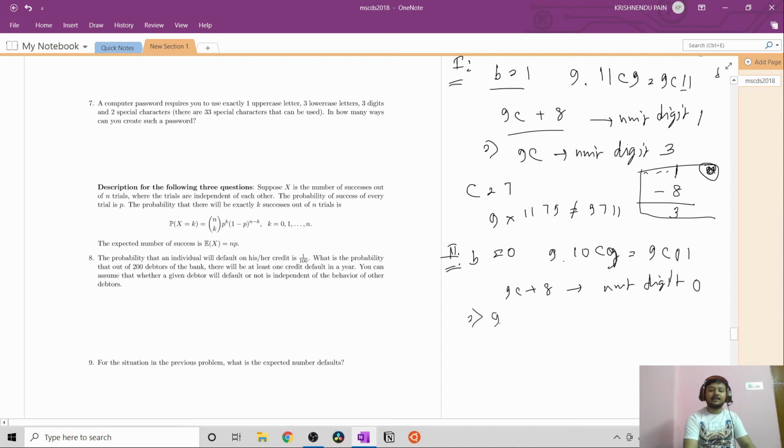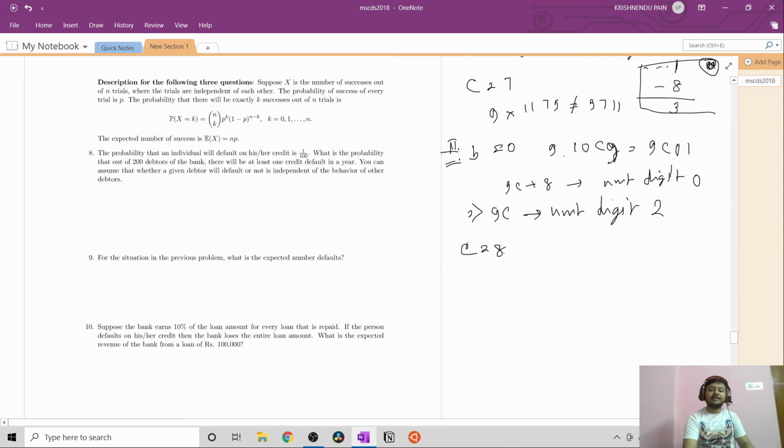So this implies 9C has unit digit 2, because with the same logic, if a number is ending with 0, if you subtract 8 from this, there will be a 2 and there will be some x on the other side. So 9C has unit digit 2, so this implies C is equal to 8. If C is equal to 8, then 9 into 1089, yes, this is equal to 9801. This is true. So ABCD is actually 1089.